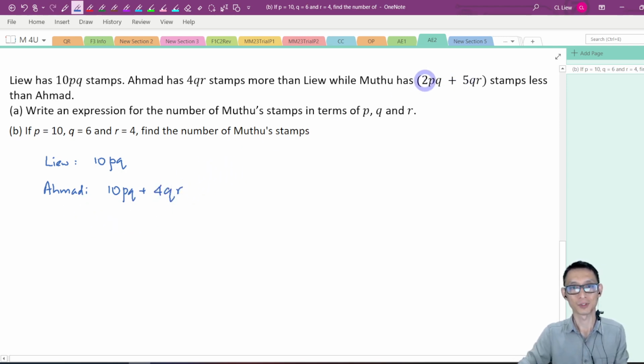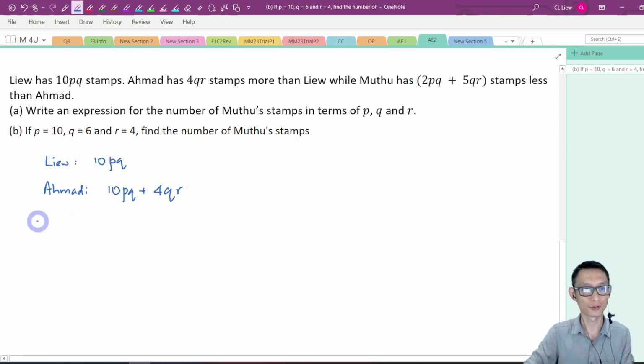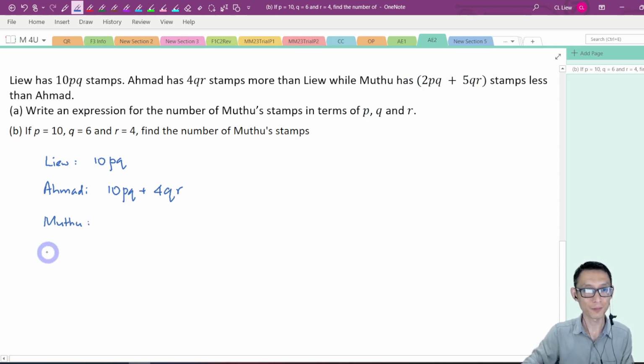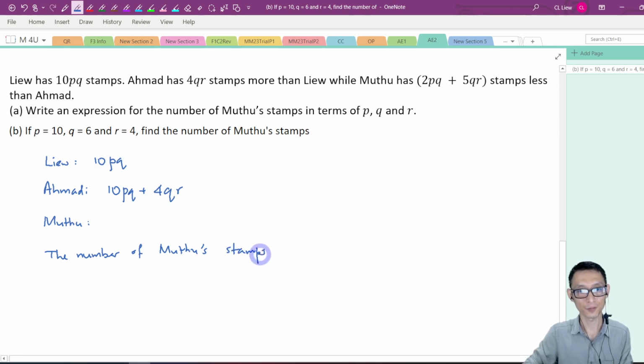Now let's go to Mutu. Mutu has 2PQ plus 5QR stamps less than Ahmad. So the number of Mutu stamps will be less than this 2PQ plus 5QR.